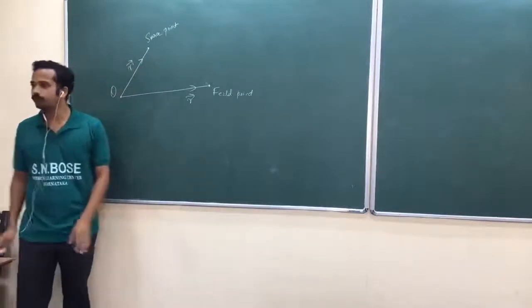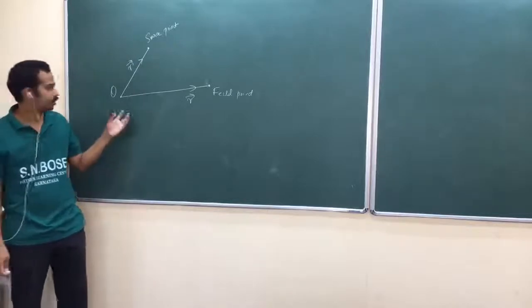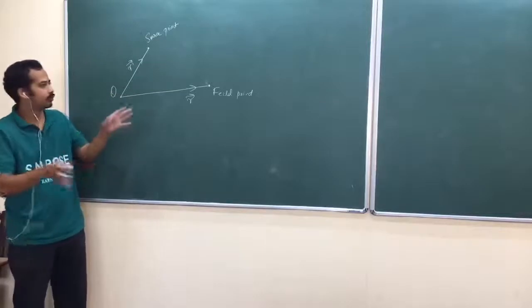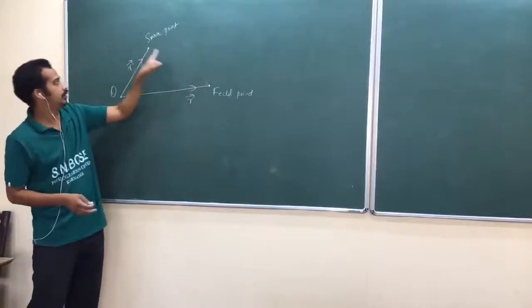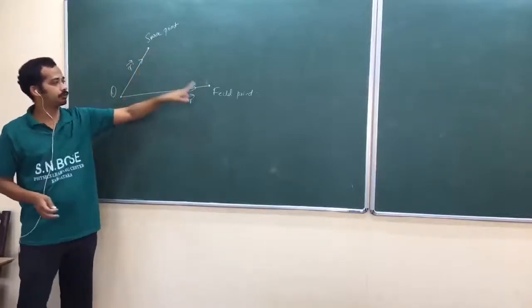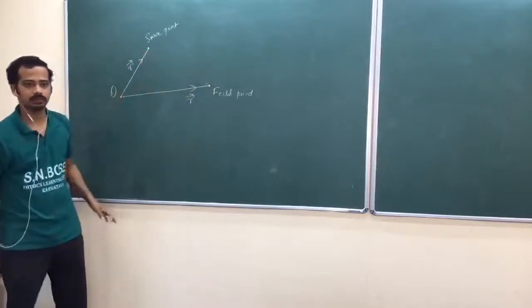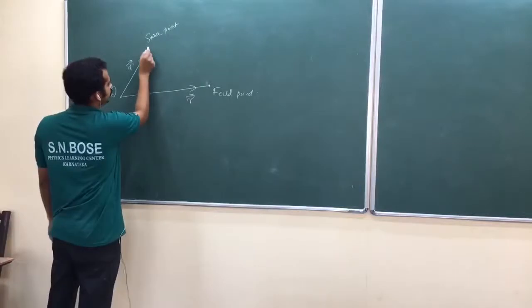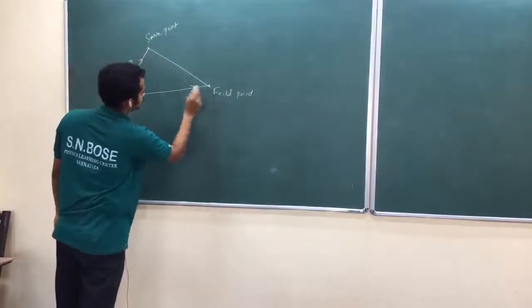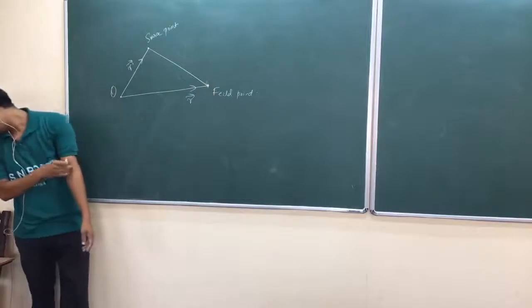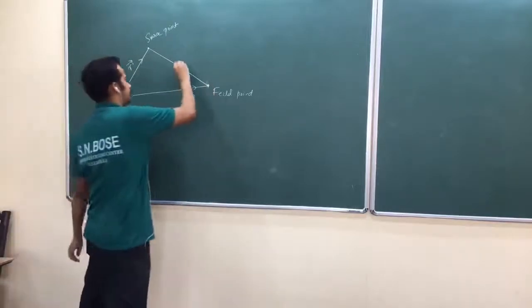Now, usually origin, God hasn't created origin earlier, am I right? So all of our rules and laws refer to the distance between source point and field point, or relative orientation, relative direction, or whatever, isn't it? That's why we need a separation vector, isn't it? We need a separation vector. So that is usually source to field point, okay?